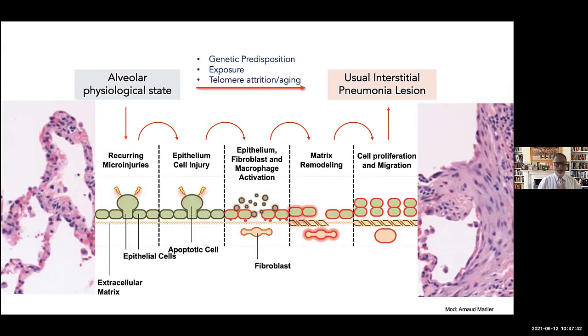Those of you who know me know that I've been very passionate about clean air, because I think this is probably the best way to prevent lung disease: a clean environment.